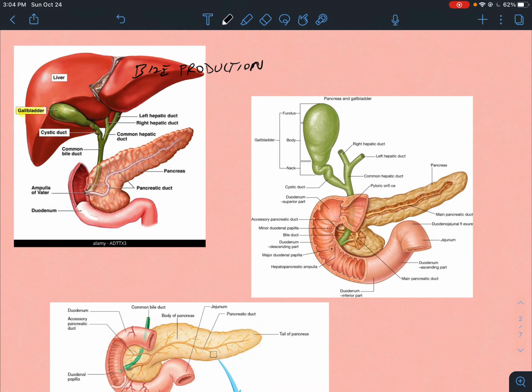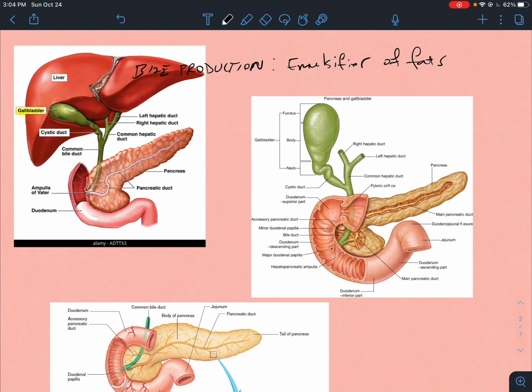Now, bile is an emulsifier of fats. And this just means that it takes fats and it breaks them down and allows for them to become water soluble. This is the same way that soap works when it takes grease off of your hands.